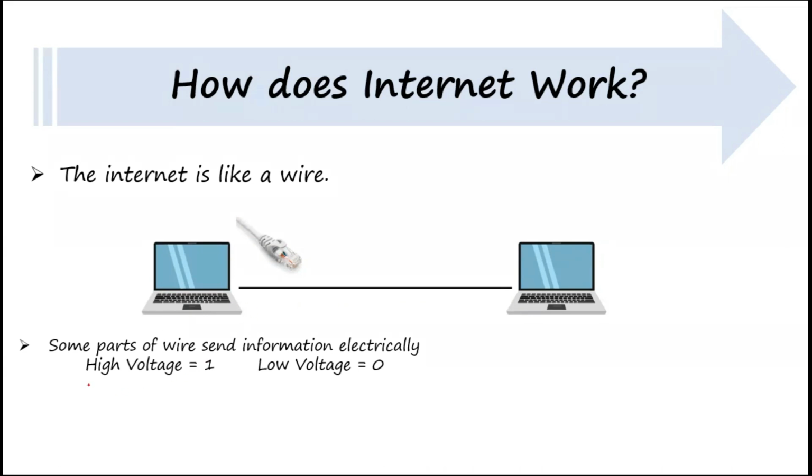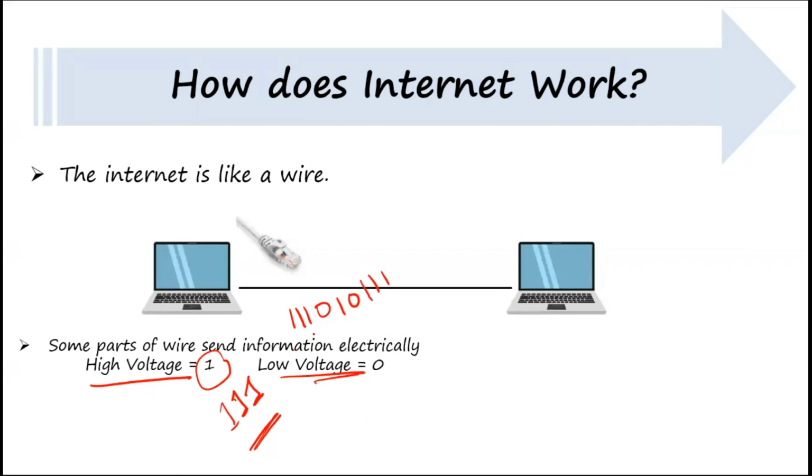Whenever the computer encounters some high voltage connection or high voltage data transfer, it marks it as 1. It could be a combination of 1 pulses. Similarly, when low voltage is encountered, it's a combination of zeros. So it's like pulses happening: 1 1 1 0 1 0 1 1 1 and so much more.